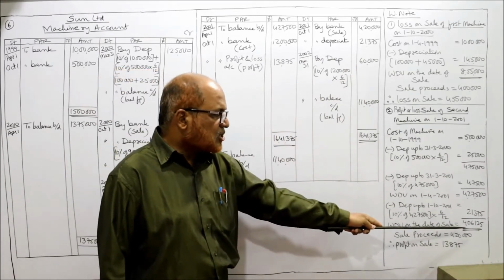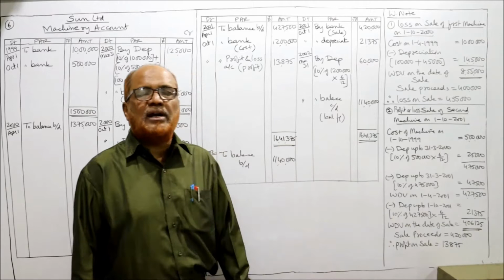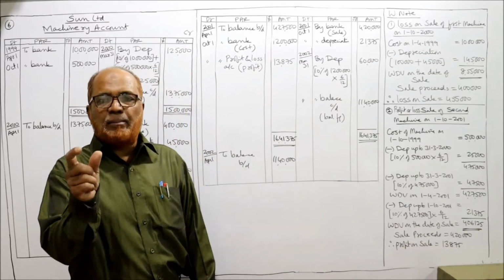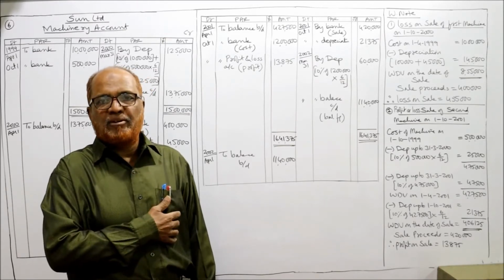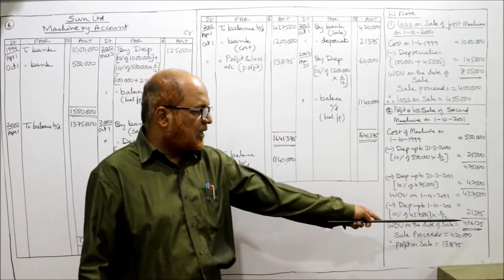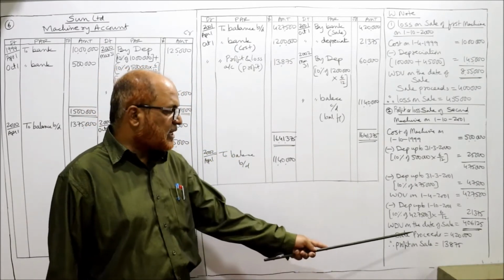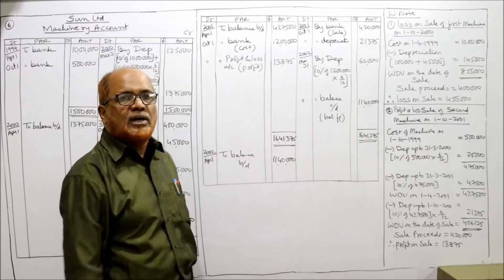Now deduct the depreciation. The WDV of the machine is 4,06,125. This is the WDV of the machine on the date of sale. Value of the machine on the date of sale 4,06,125, and the sale proceeds are 4,20,000. The machine was sold for 4,20,000.